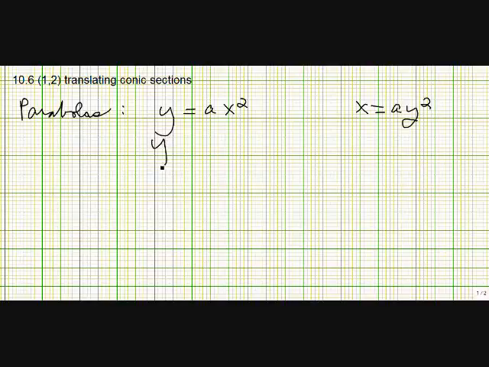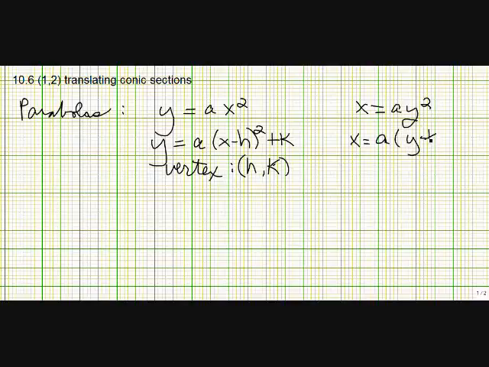If I rewrite my equation as y equals a times x minus h squared plus k, the vertex moves to h comma k. And we learned the same thing with the horizontally oriented ones: x equals a times y minus k, that's a minus sign there, squared, plus h, also puts the vertex at h comma k.